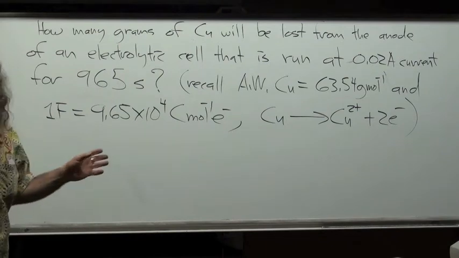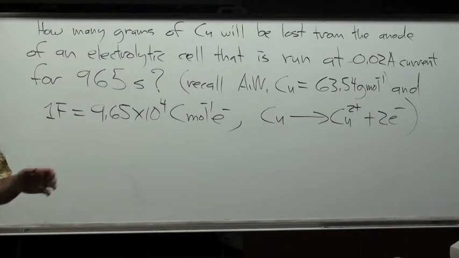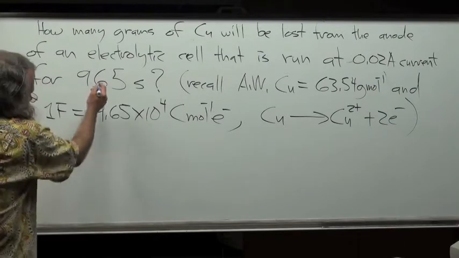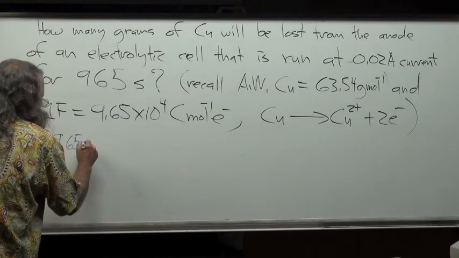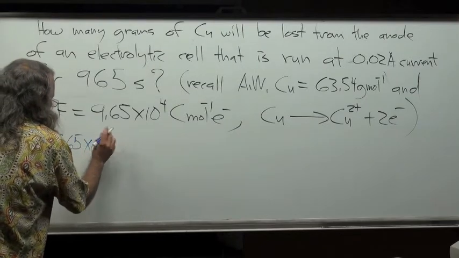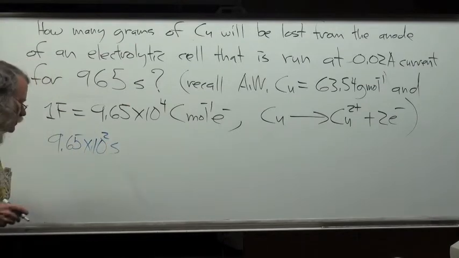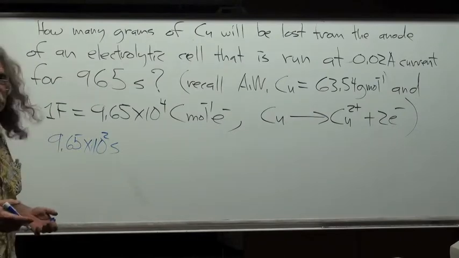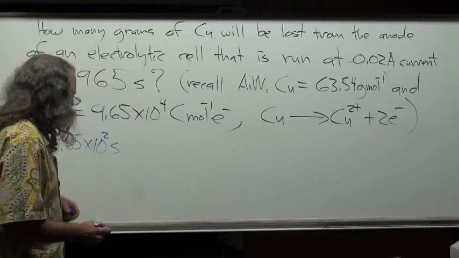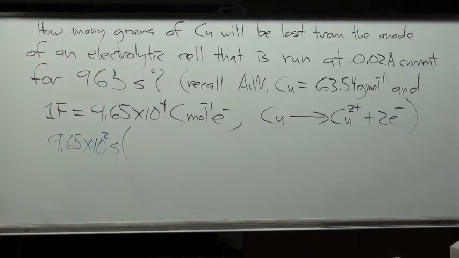So what do I start with on the left-hand side? Seconds. I prefer to write this out as 9.65 times 10 squared seconds, just to make the calculation clearer. Okay, what do I go from? I'm going from seconds to what? Coulombs.